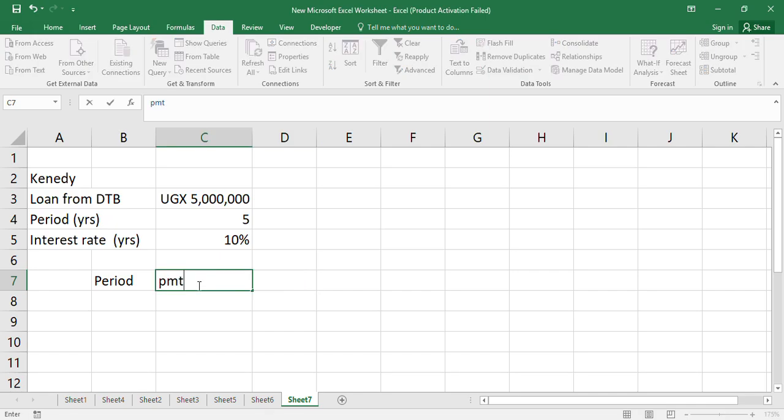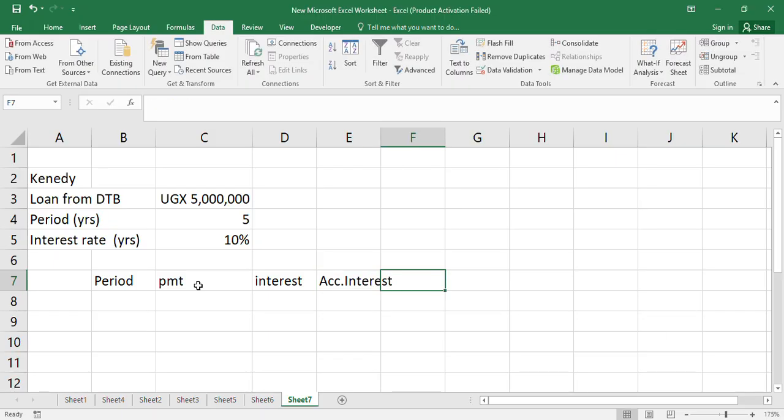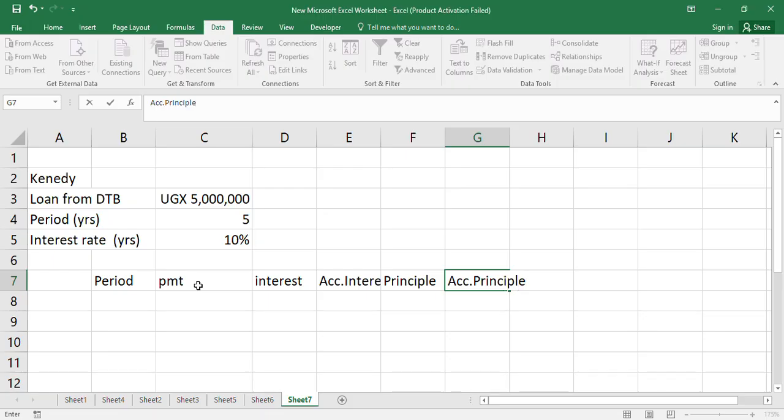We shall have our interest, our accumulated interest, our principal, our accumulated principal, and finally net book value.